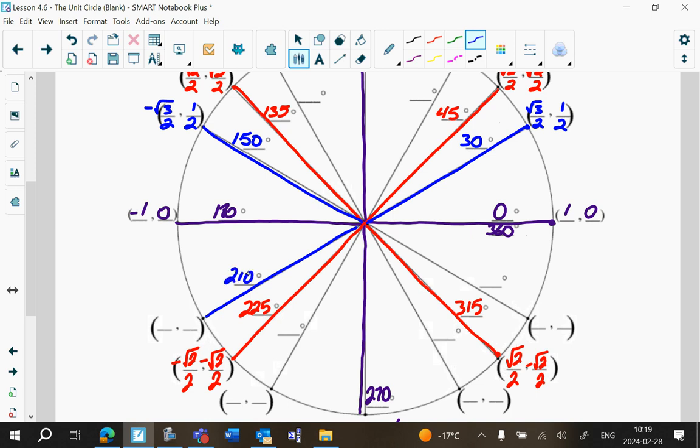And -1/2. And if we find its family member in quadrant 4, what angle is that? Think of it, you go all the way around to 360, less 30. 330 degrees. What's its point? -1/2.